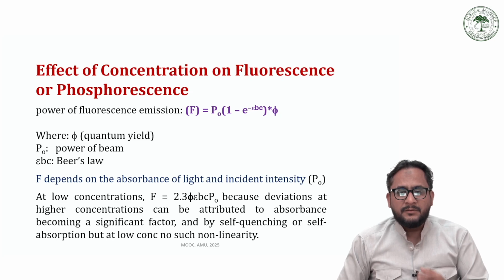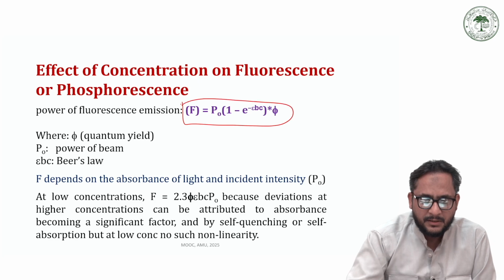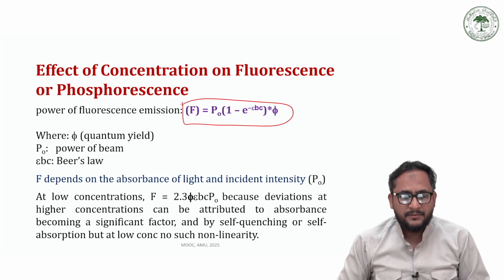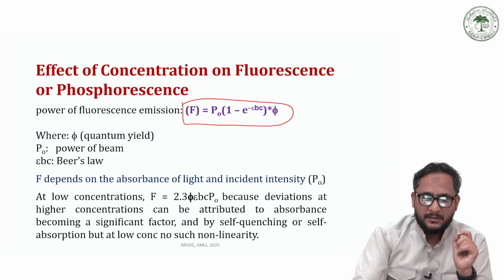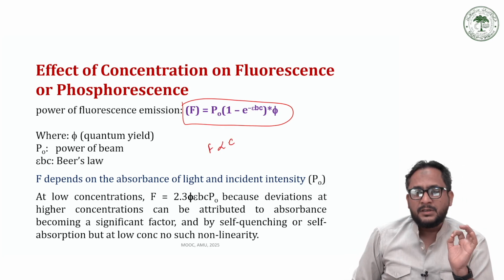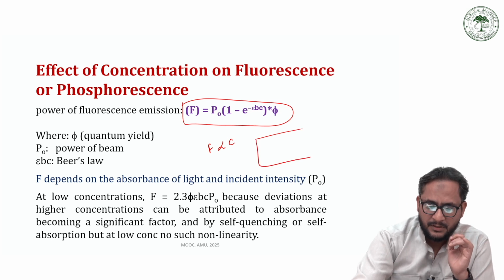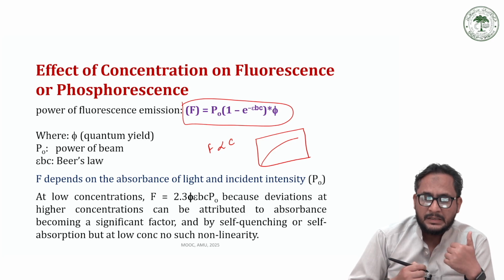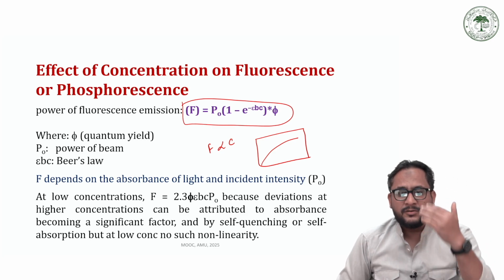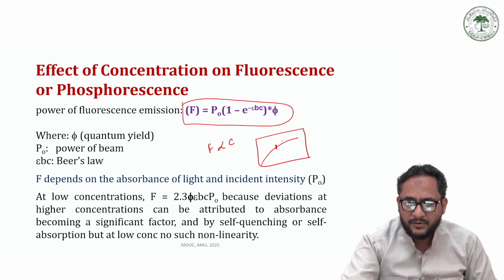This is again the same formula that I have derived in the previous case, the effect of concentration, and it shows that fluorescence is directly proportional to concentration. But since I have shown you a graph as well, this equation holds good at lower concentration only, because at high concentration, the graph moves away from linearity.